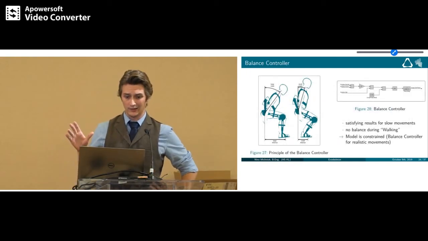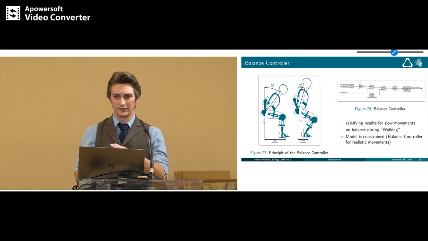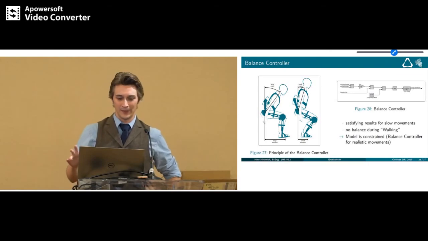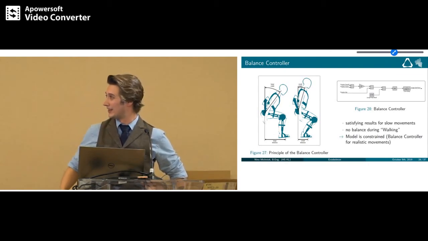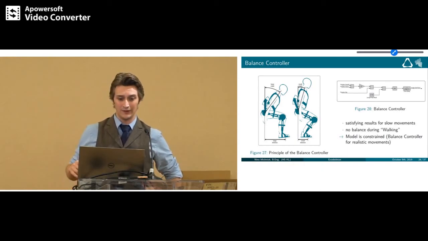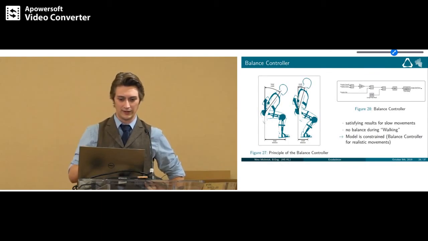Additionally, because I had some time left, I was thinking about building some kind of as simple as possible balance controlling. What I had in mind was just to measure the distance between the feet and the hip and adjust the angle of the upper body according to that distance.